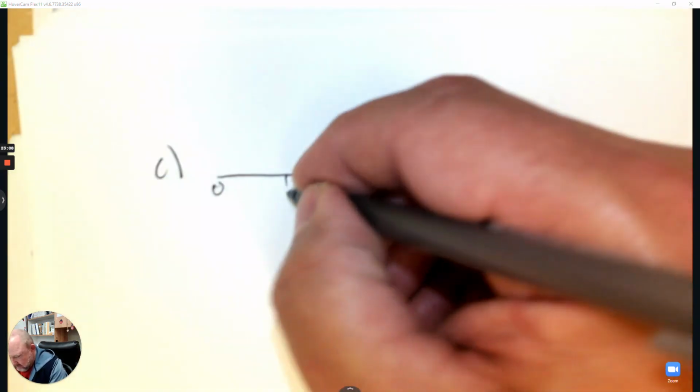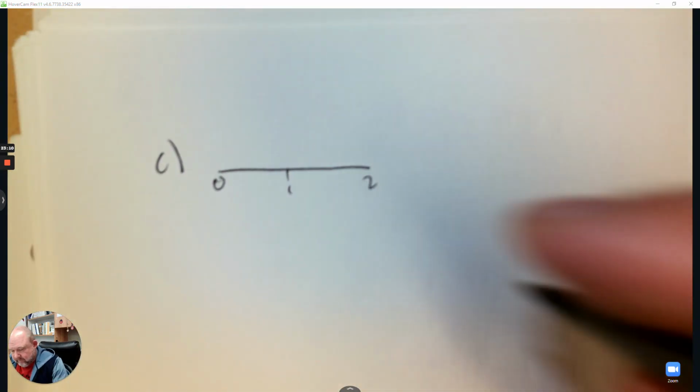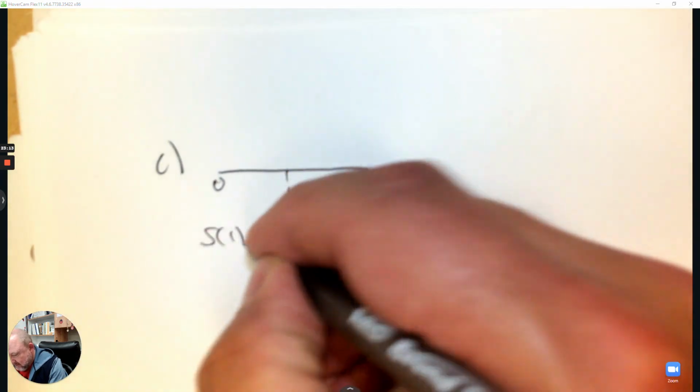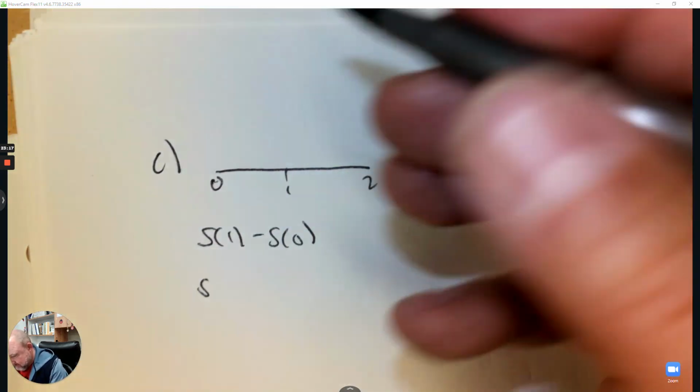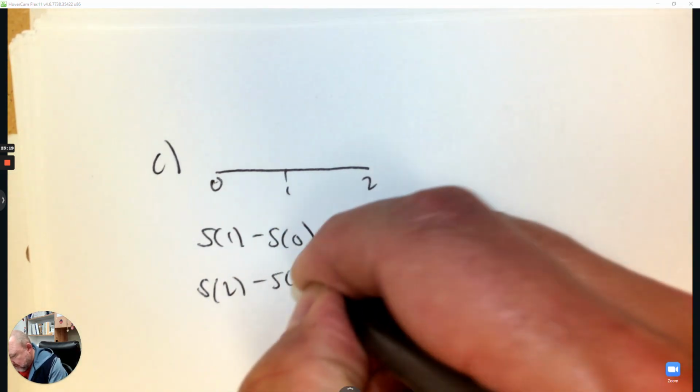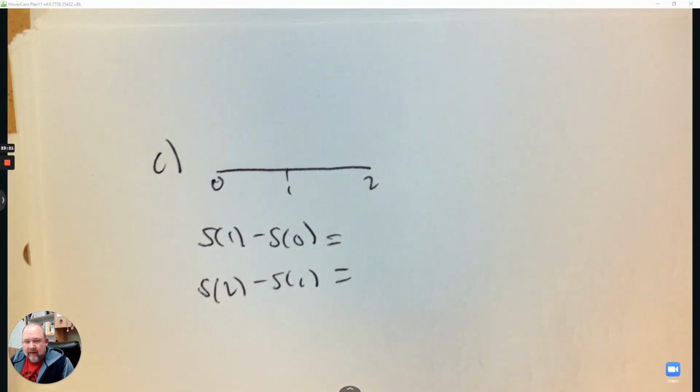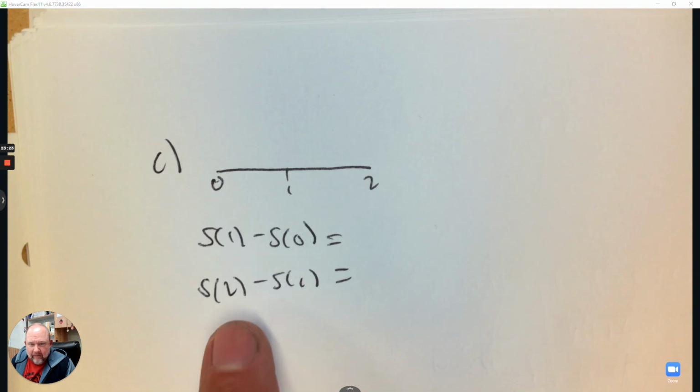Without a calculator, we need to understand this is going to be easier than the absolute value part. So this is what I'm going to do. I'm going to plug in from 1 to 0 and from 2 to 1, and then write down the positive values, and I'm going to add it up.